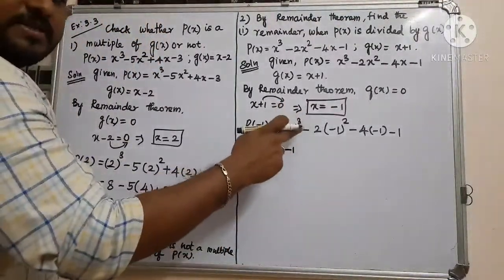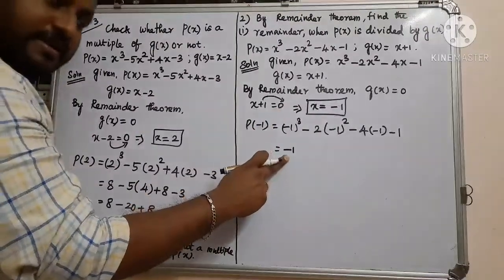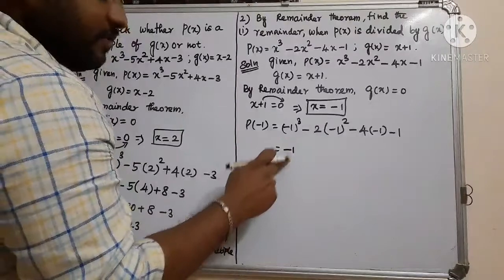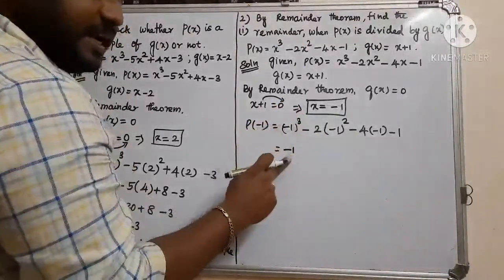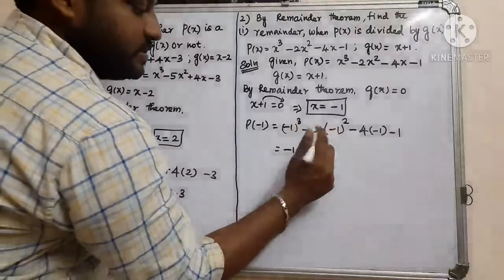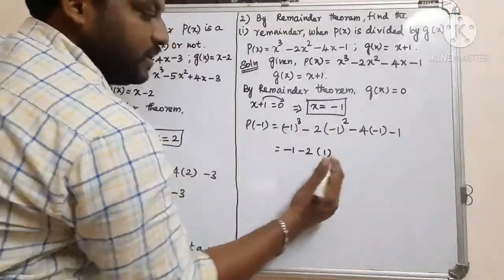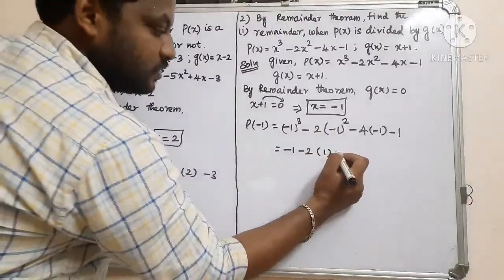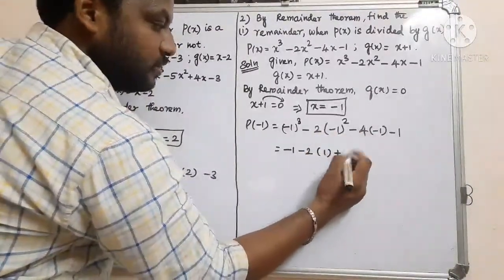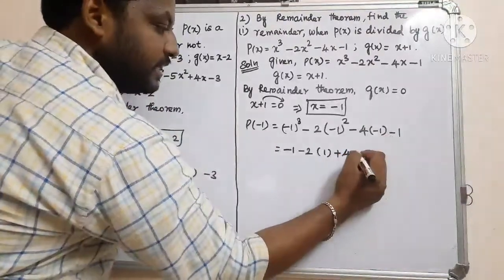If the power is an odd number, the value must be negative. If the power is an even number, the negative value becomes positive. So minus 2 into minus 1 square is 1. Minus 4 into minus 1 is plus 4.